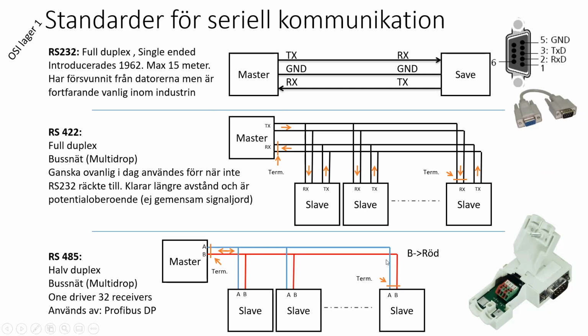And you see it's only 2 wires, so it's typically cheaper in some way. But it's half duplex, so typically the master asks a slave something, polls the slave, and then the slave is allowed to answer. But they need to take turns. They cannot communicate at the same time.